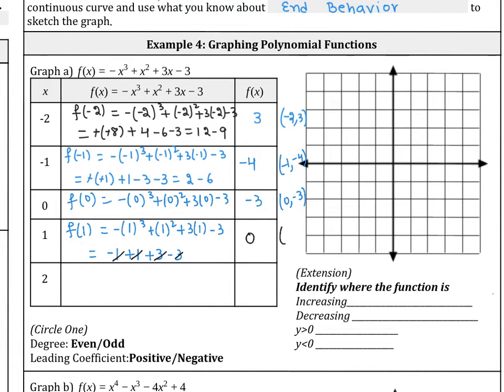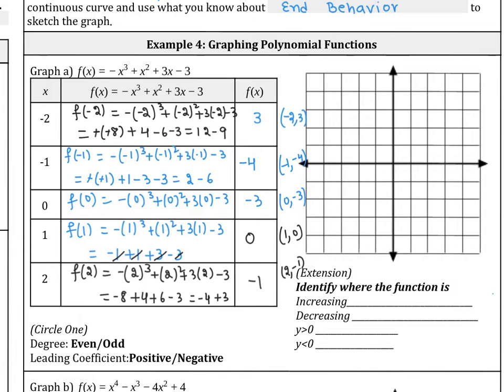The coordinate is going to be (1, 0). Next, you're going to use x as 2. So -2 cubed plus 2 squared plus 3 times 2 minus 3. And that's going to be -1, and the coordinate point is (2, -1).